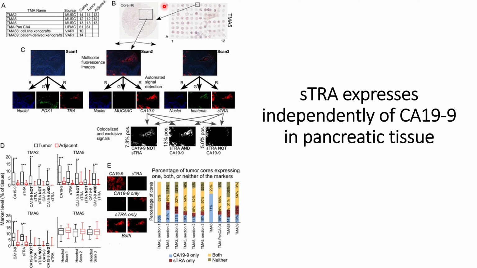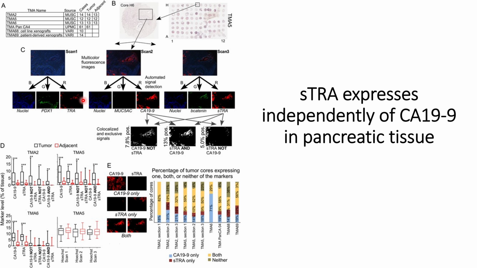The example of this tissue microarray is shown in panel B, where they analyzed a portion of core 6. They show representations where they checked PDX1 and TRA in the first step.